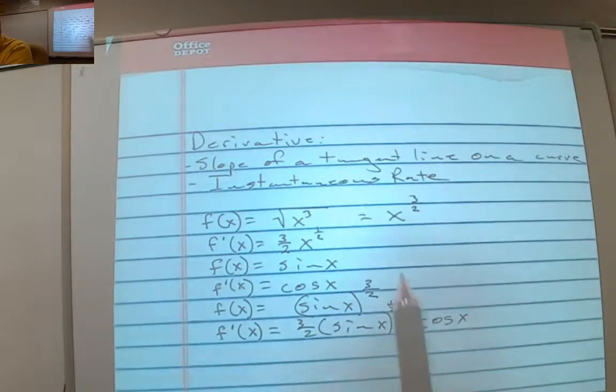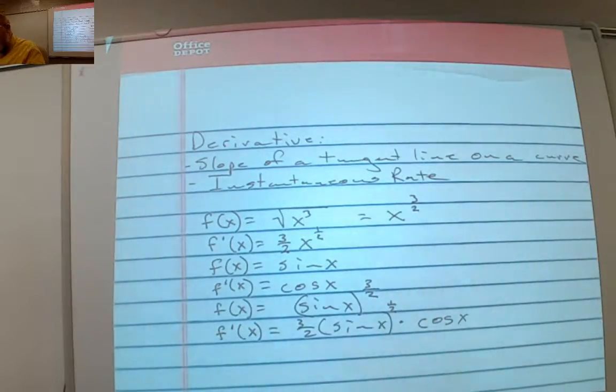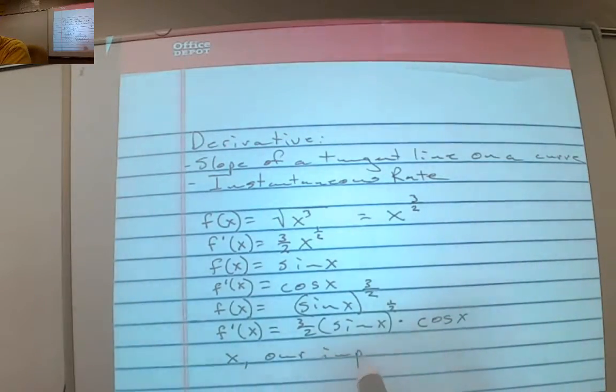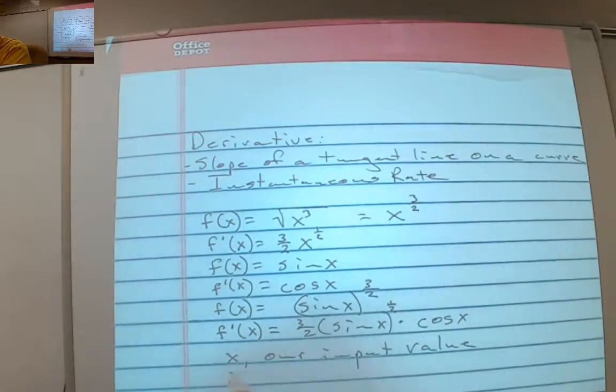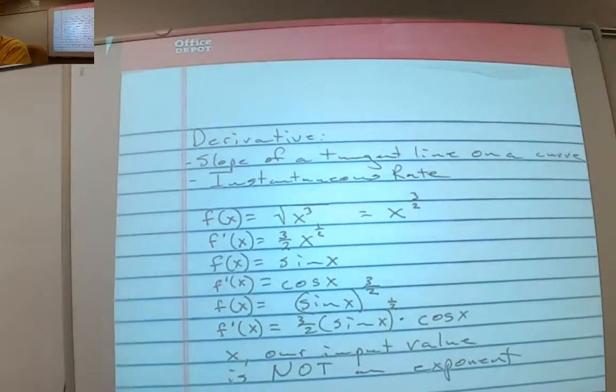All right, now, in all of these, the exponent was a constant. Would you agree? Okay, so what I'm saying here is x, our input value, is not an exponent. It's something else. Like here it would be an angle measurement. Here it'd be some real number, but it's definitely not an exponent.